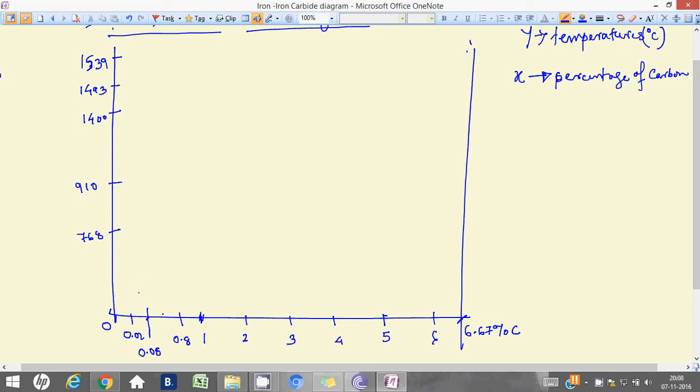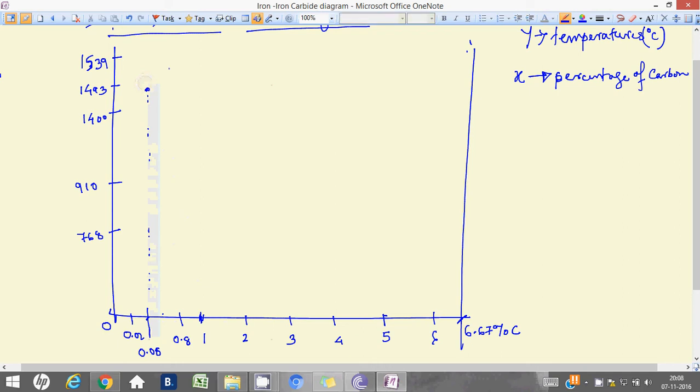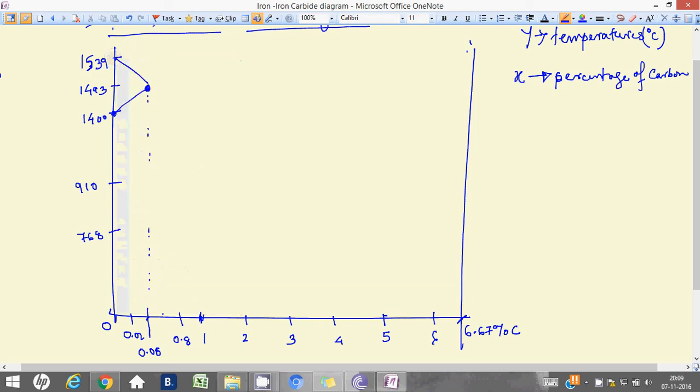Perpendicular to this point, if we go in this way, parallel to this point, let us mark a point, and join these two points by a straight line from this point and from this point. Yeah, these two points.